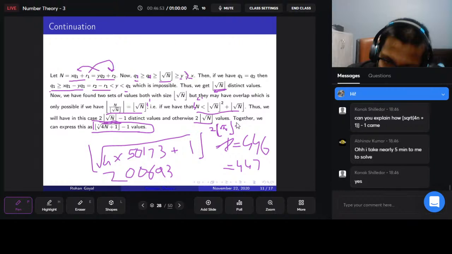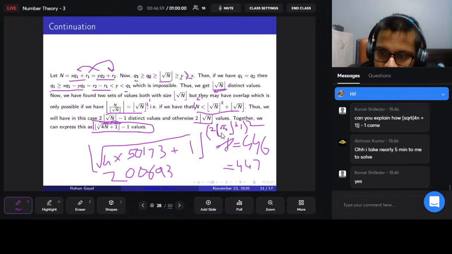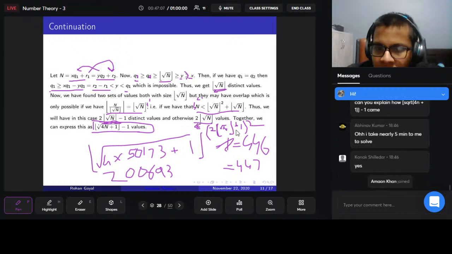That's how I can write this case. And then I just take the root and I take the floor and I subtract 1 because I wanted 2 of floor root n minus 1 values.